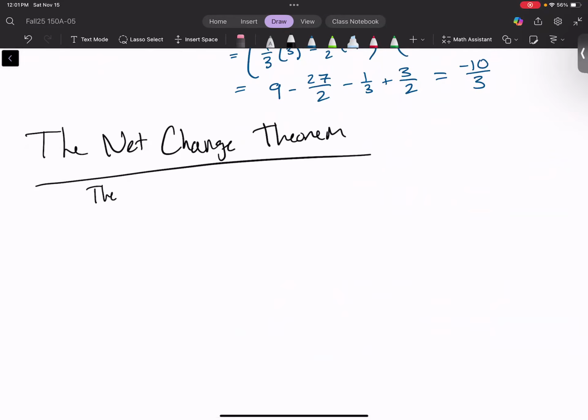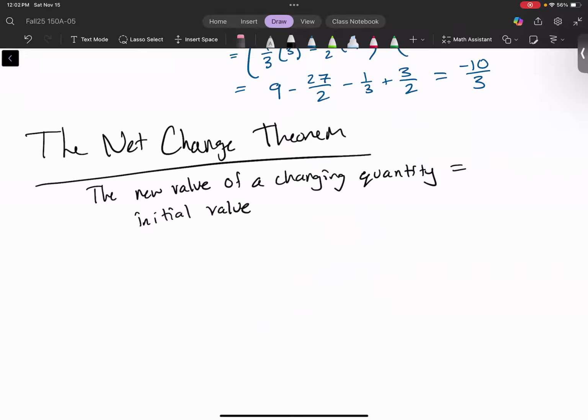But kind of the sentence, how it comes in is: the new value of a changing quantity equals the initial value plus the net change. But this is going to be the integral of the rate of change. Okay.